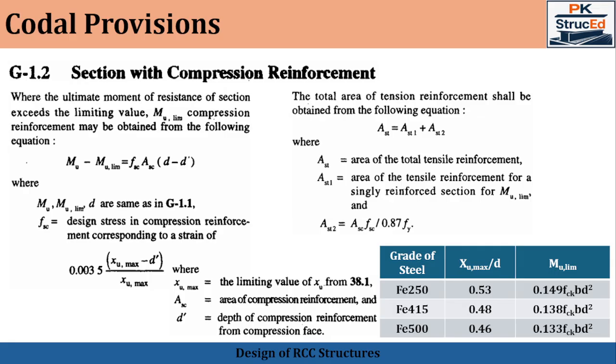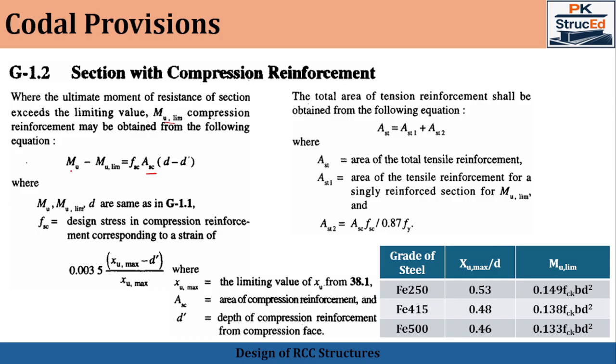Here the formula has been given, and it is available in Annex G 1.2 of IS 456, which has been specifically given for sections with compression reinforcement. It clearly mentions that where the ultimate moment of resistance of the section exceeds the limiting value Mu limit, compression reinforcement may be obtained, that is Asc can be obtained from the following equation: Mu minus Mu limit equals fsc Asc into (d minus d dash).